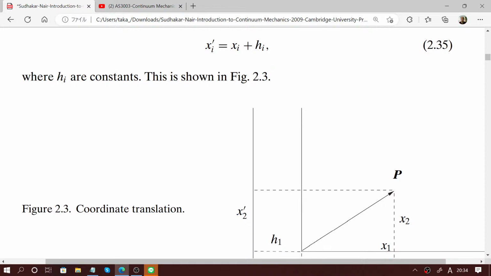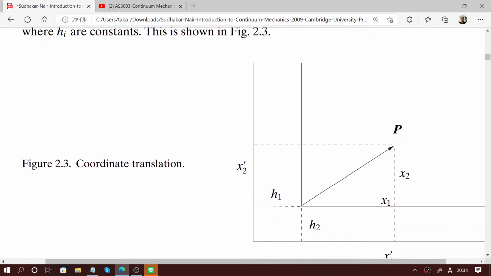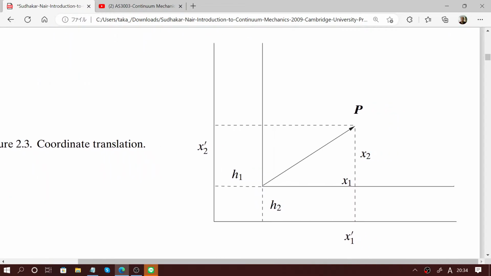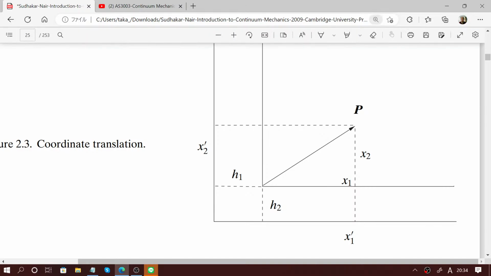This is shown in figure 2.3, coordinate translation. To me, this is coordinate translation. So P is the same point.